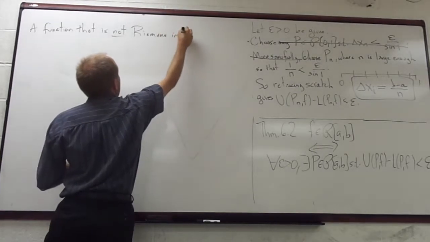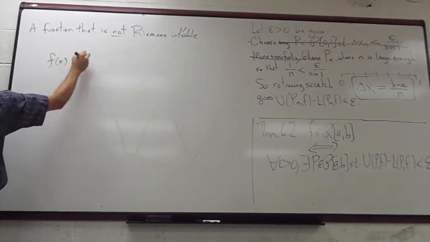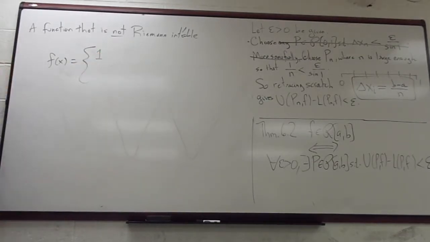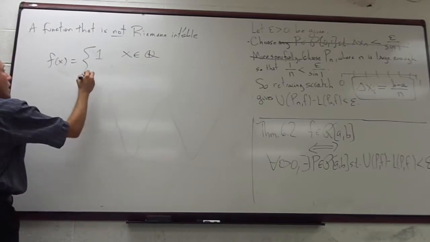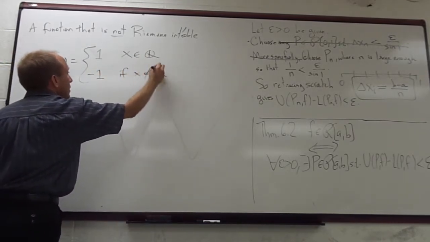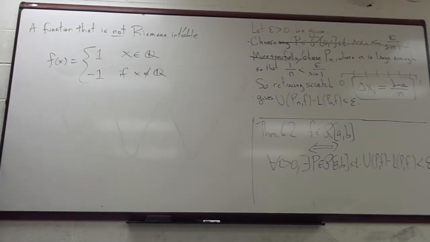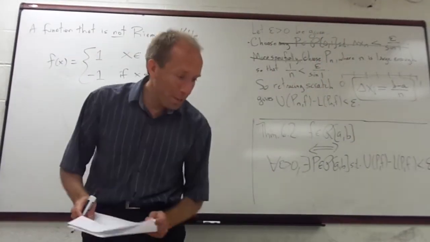Okay, f of x is equal to 1 when x is in the rationals, and -1 when it's not. Love it. Absolutely right. Perfect, because that leads me right into the next question we're going to do. So keep that on the board.